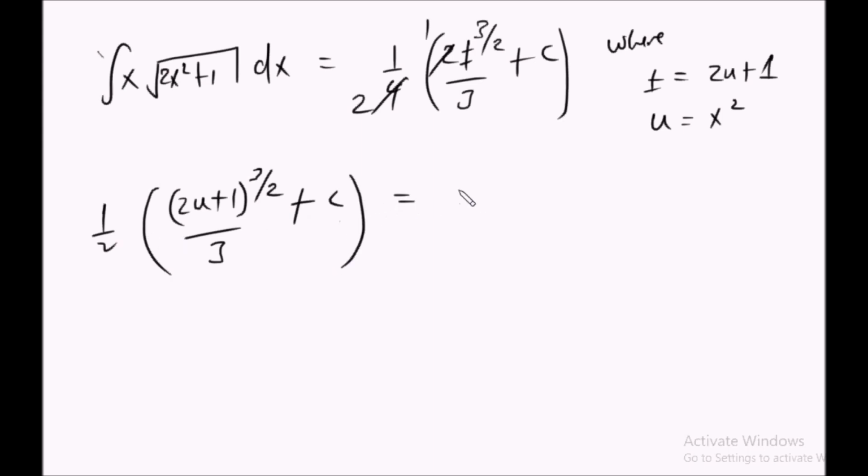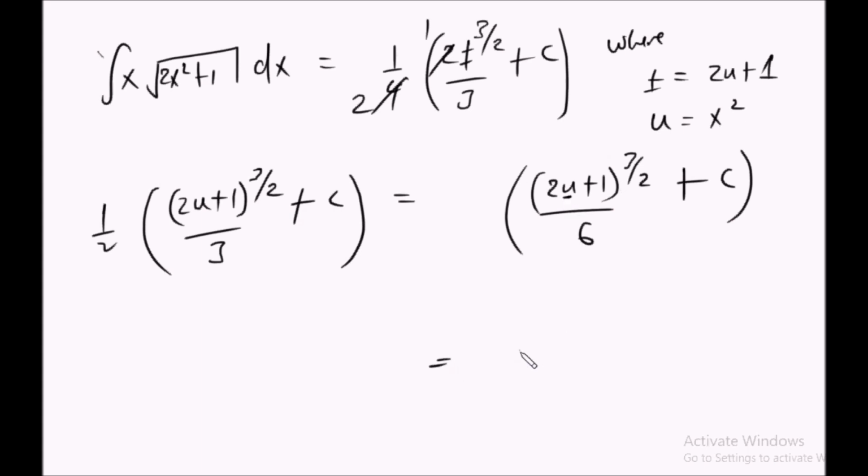So 1 over 2 times 3 is 1 over 6. So we have 2u plus 1 power 3 over 2 over 6, plus c. But u we said is x squared, so the final answer is (2x squared plus 1) power 3 over 2 over 6 plus c.